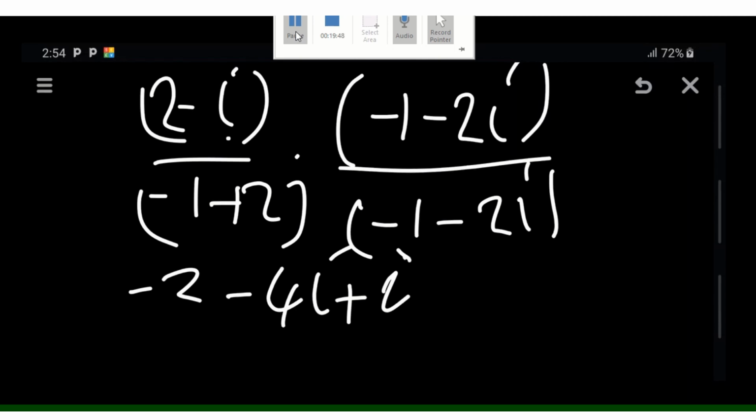Then -i multiplied by -2i: i times i is -1, negative 2 times negative 1 is positive 2. Positive 2 times negative 1 is minus 2. So here divide by this times this.